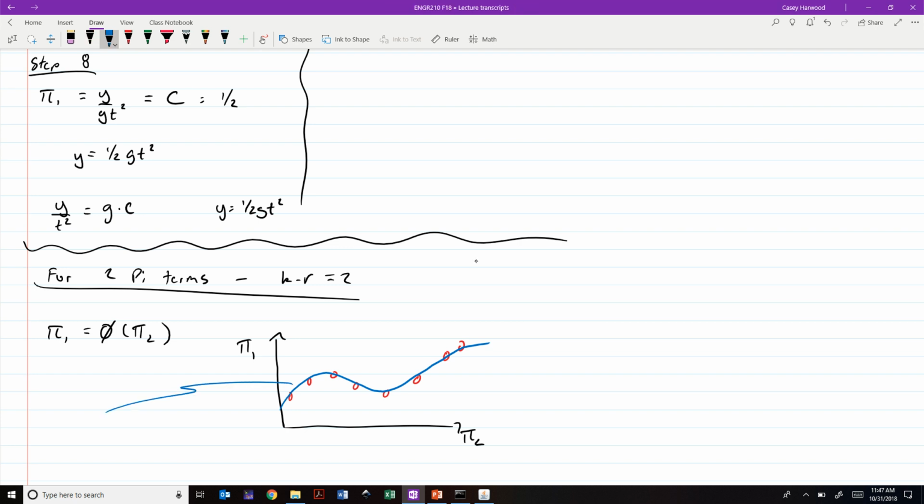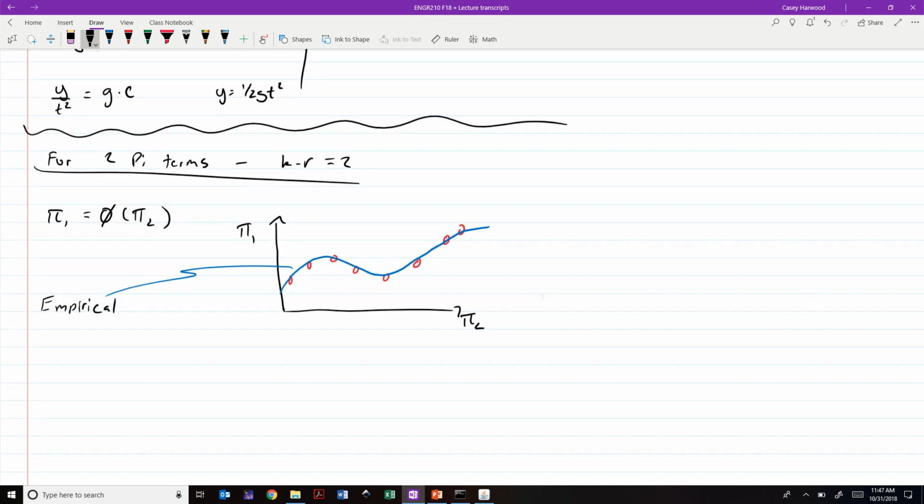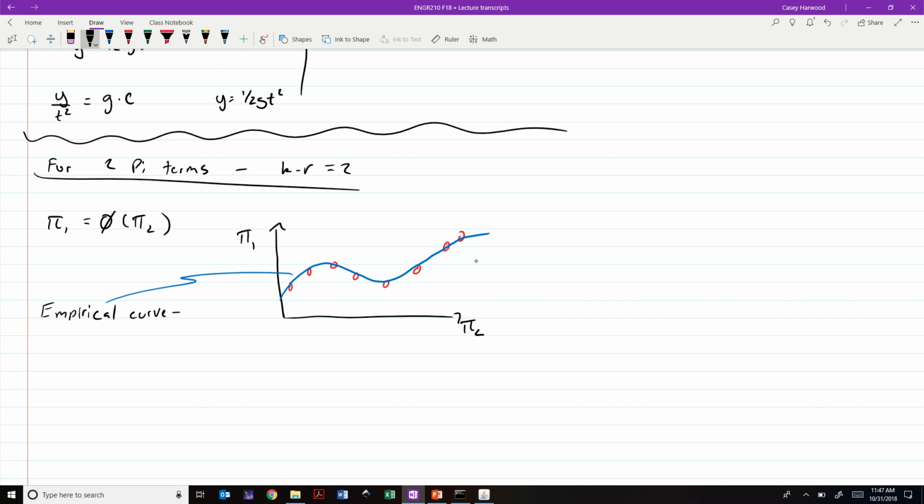And say use an empirical curve fit used to represent the functional relationship between pi 1 and pi 2.